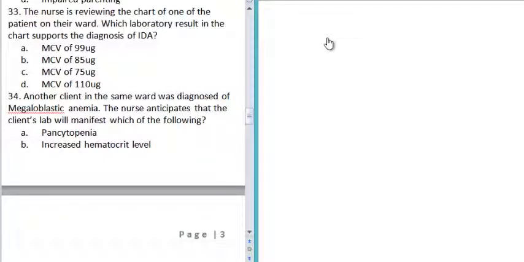Number 33. A nurse is reviewing the chart of one of the patients in the ward. What lab result in the chart supports a diagnosis of IDA? Iron deficiency anemia is manifested by small RBC. That's why iron deficiency anemia is also called microcytic.